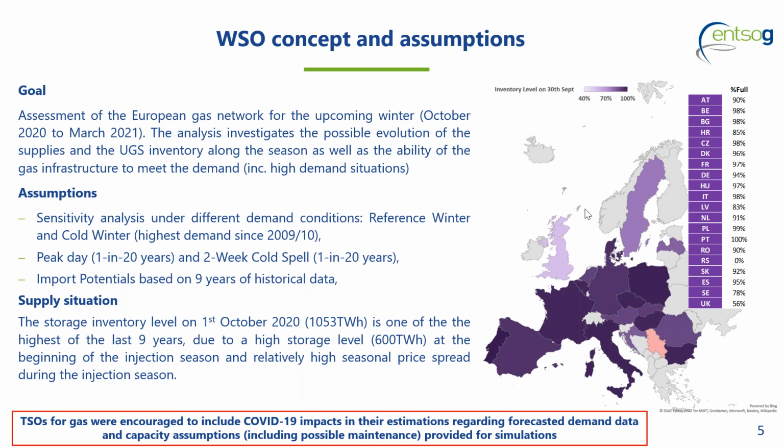We call it cold winter, and we are investigating specific peak demand situations, which is a peak day demand with the rarity of occurrence 1 in 20 years, and a 2-week cold spell with the same rarity of occurrence. But in the first case, it's only 1 day. In the second case, it's 2 weeks of high demand.